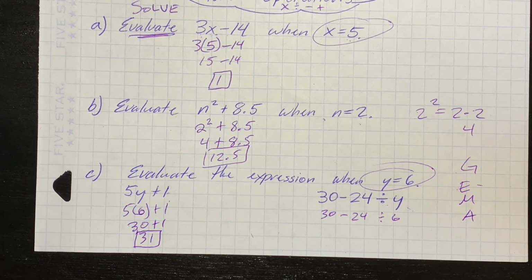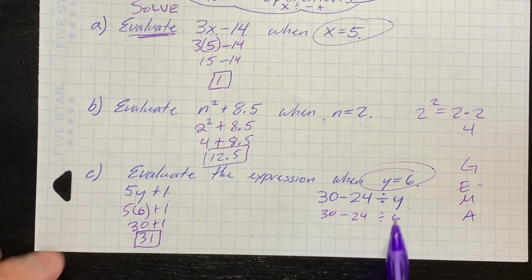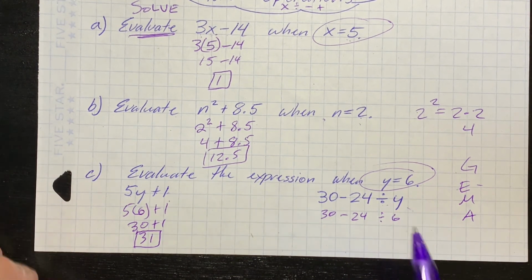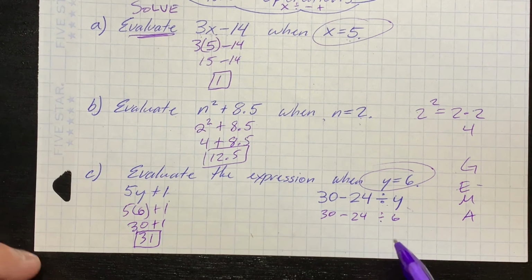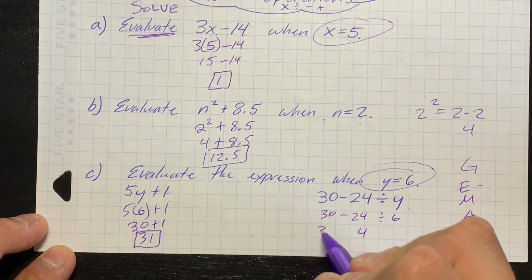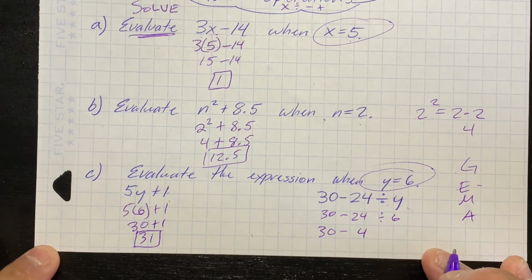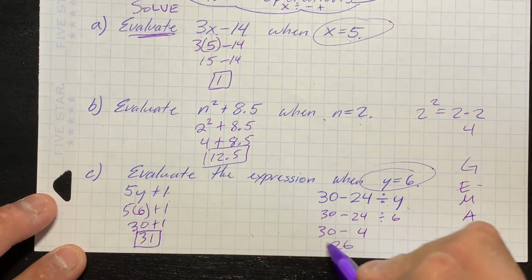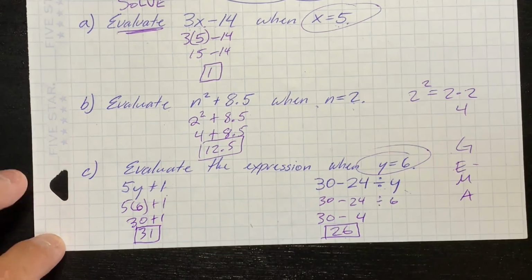Okay, so all you're going to do now is follow that. So in this case, you're going to look at subtraction and division. So which one are you going to do? Well, you're going to divide first according to the order of operations. So 24 divided by 6 is going to be 4. Okay, and then bring down everything else. Now 30 take away 4 is going to be 26. All right, there you go.